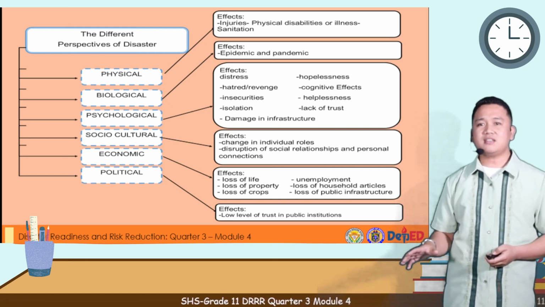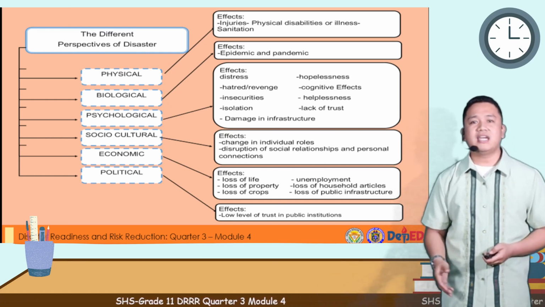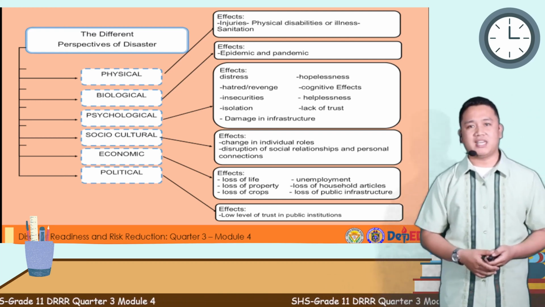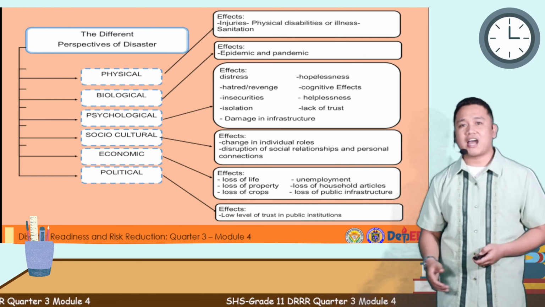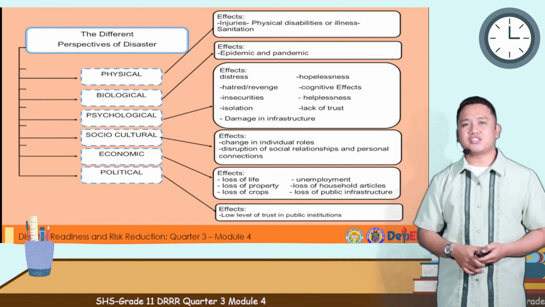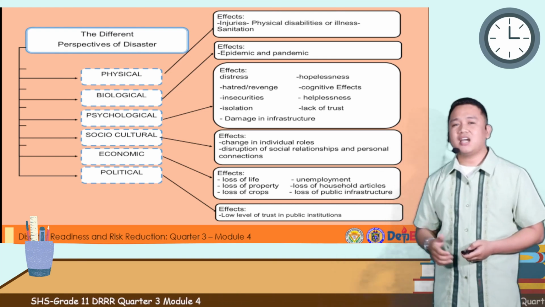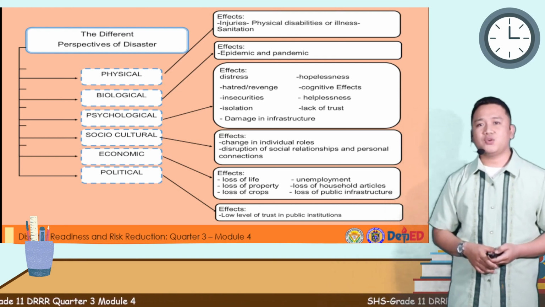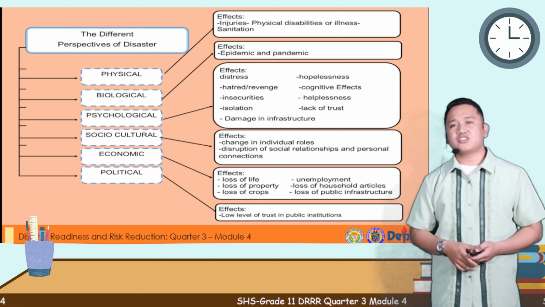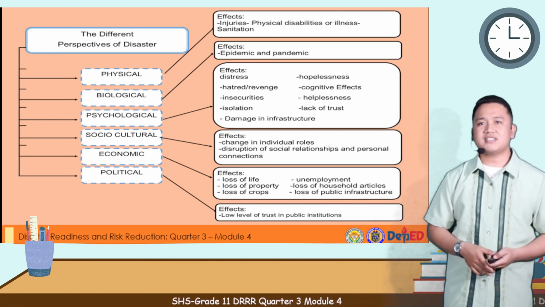And the last one, in political, the effect would be the low level of trust in public institutions. If you got it right, okay, you are very good learners. So you can screenshot our screen so you have your notes. Okay, that's all for the different perspectives of disaster.